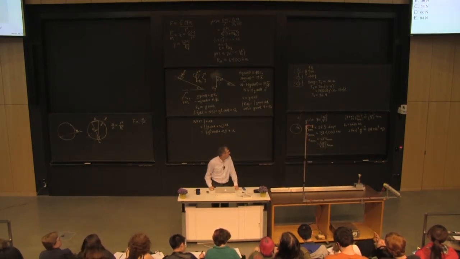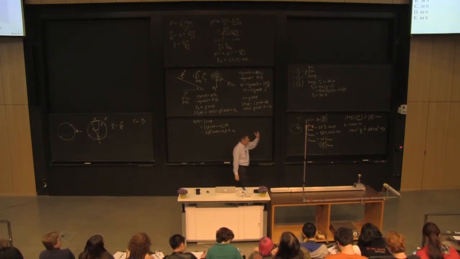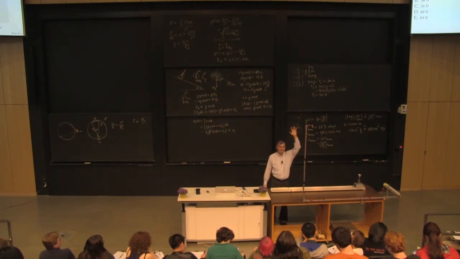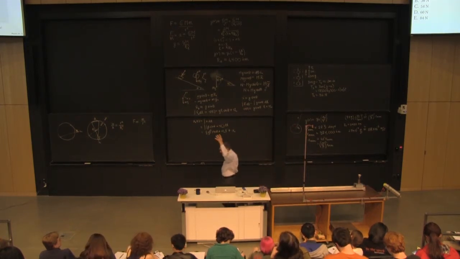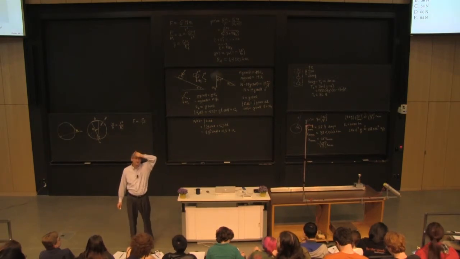So when Newton figured this out, when he connected terrestrial gravitation to something that could extend as far as the orb of the moon, he did something radical.